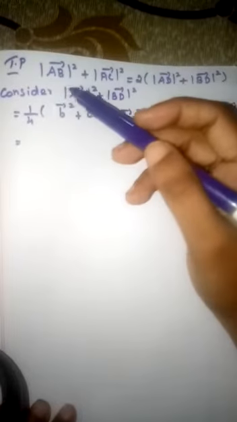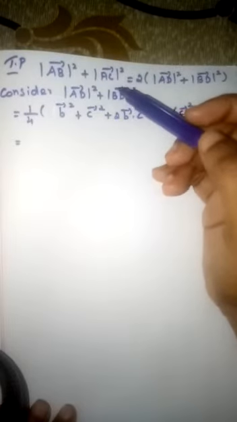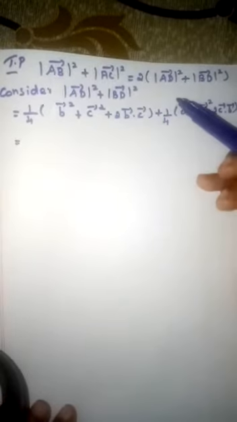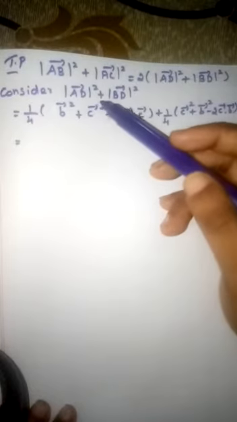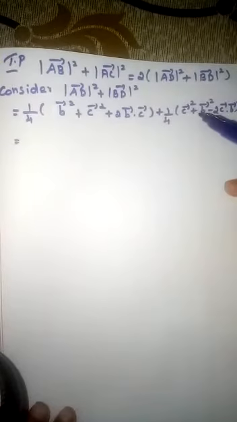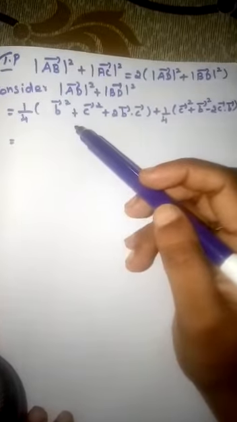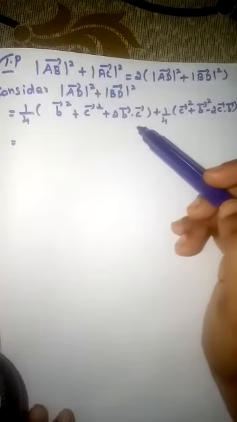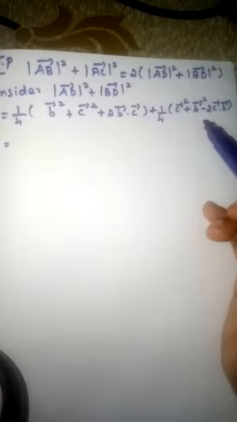To prove |AB|² + |AC|² = 2(|AD|² + |BD|²), first consider what is given inside the bracket. |AD|² + |BD|² equals, these values we have already found out, that I have replaced here: 1 by 4 into (b² + c² + 2 b·c), plus 1 by 4 into (c² + b² - 2 c·b).